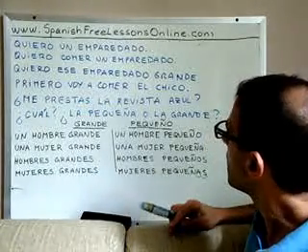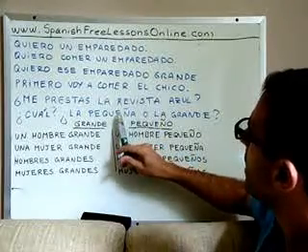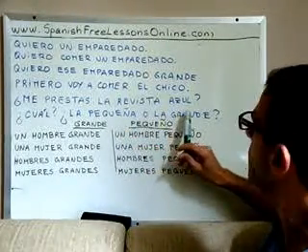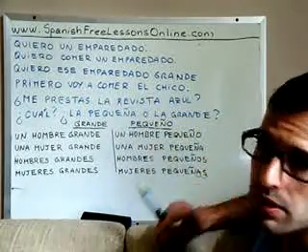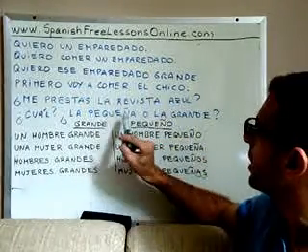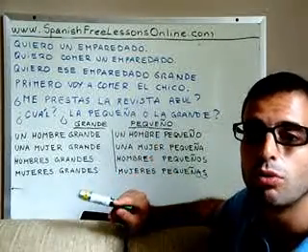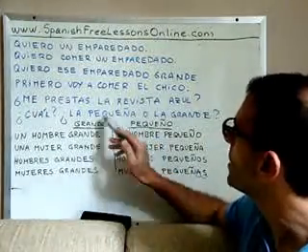Now, these are two adjectives, okay? Pequeño or pequeña means small. Grande means big. You can see pequeña ends with a because it refers to a feminine noun. Which is the feminine noun here?